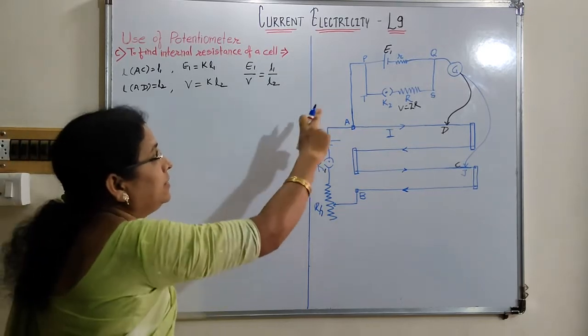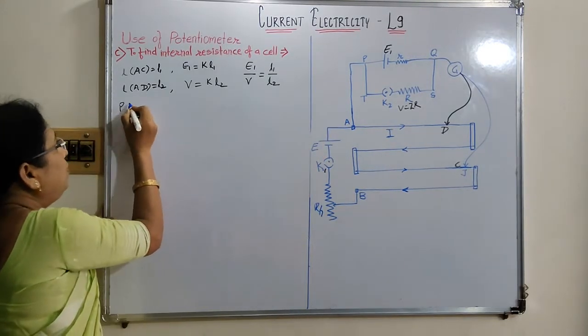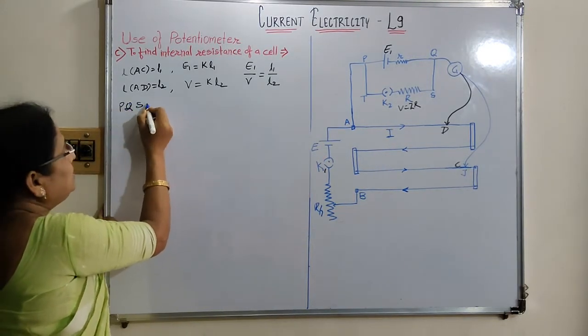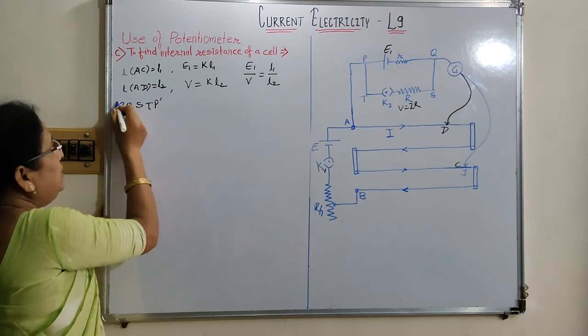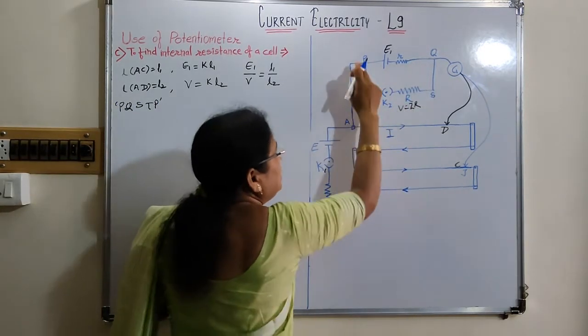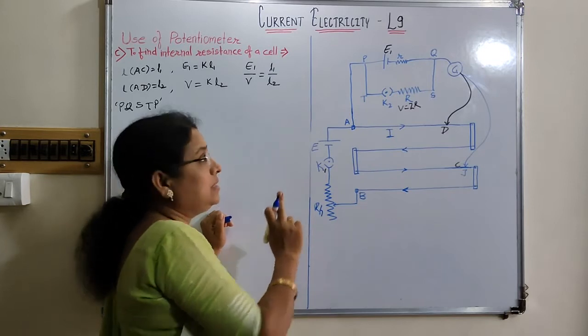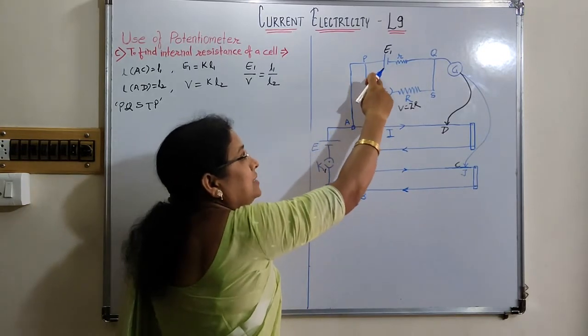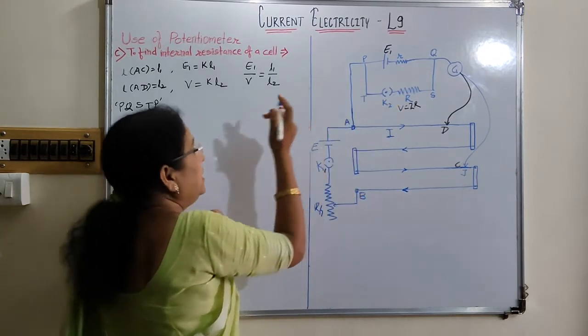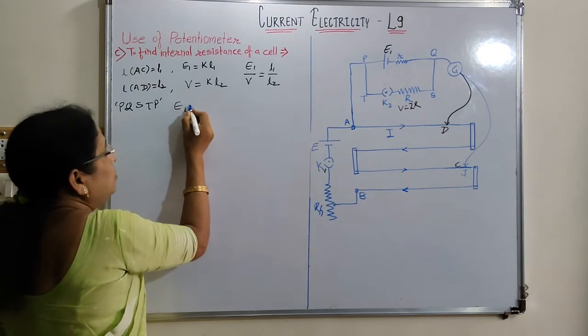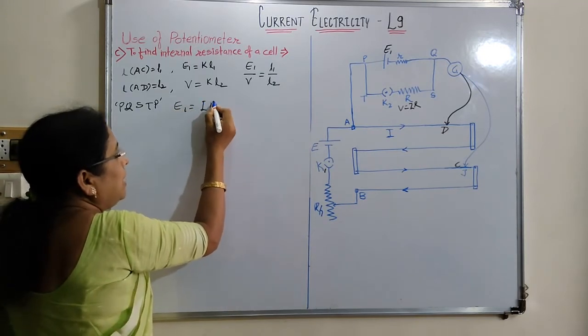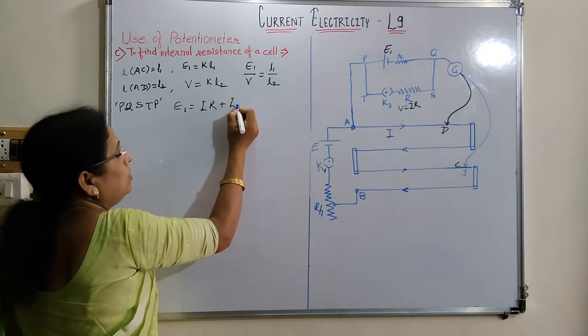Now from the circuit, in the loop P, Q, S, T, P, as there is the balance point, by using Kirchhoff's law we can say E1 is equal to I into capital R plus I into small r.